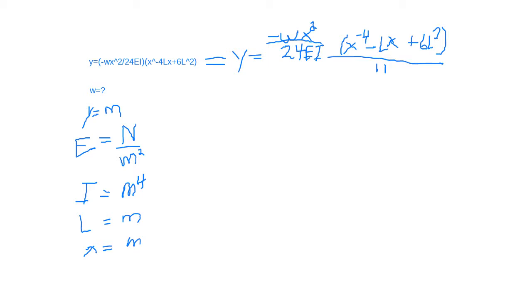So we got y over x squared minus Lx plus 6L squared, and that all equals negative W x squared over 24 EI.